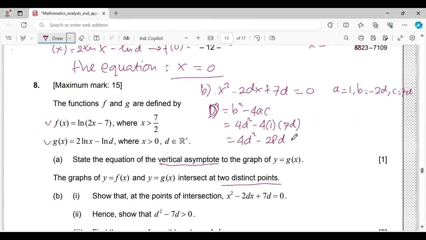Now, if the discriminant is greater than 0, it means 4d squared minus 28d is greater than 0. And if you divide by 4, it becomes d squared minus 7d greater than 0. Right. This is part 2.